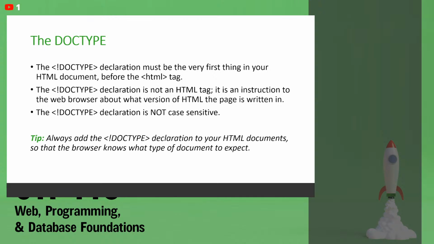And the doctype declaration is not case sensitive. Just like with our shebang in Python, where we were saying this program's written in Python 3, so if you have a Python 3 environment on this computer, you can just run this program in it and it'll work, we're telling our browser, this is a page that's written in HTML.